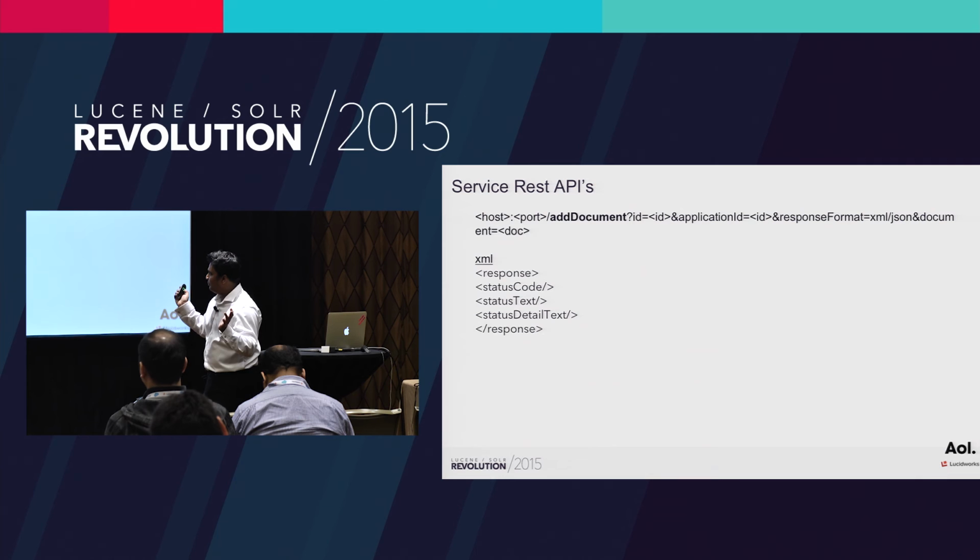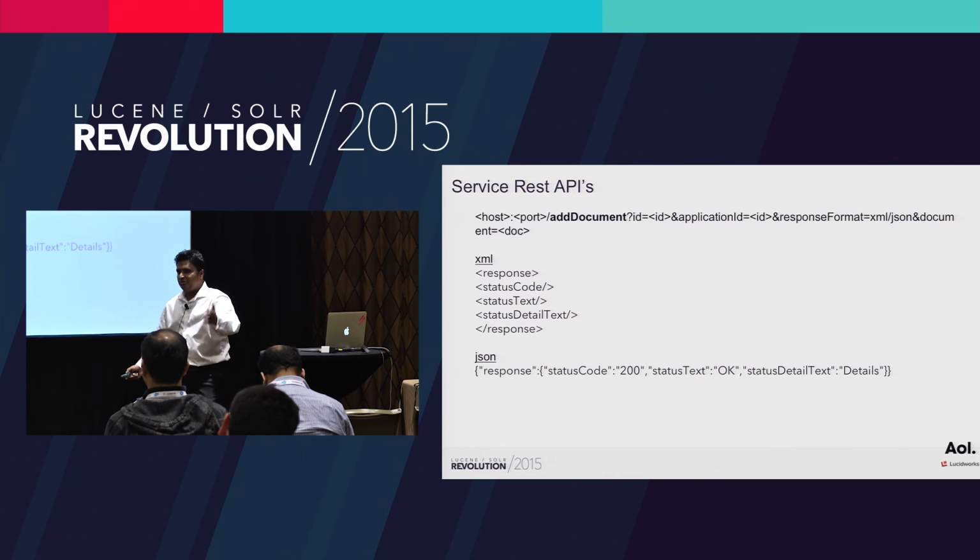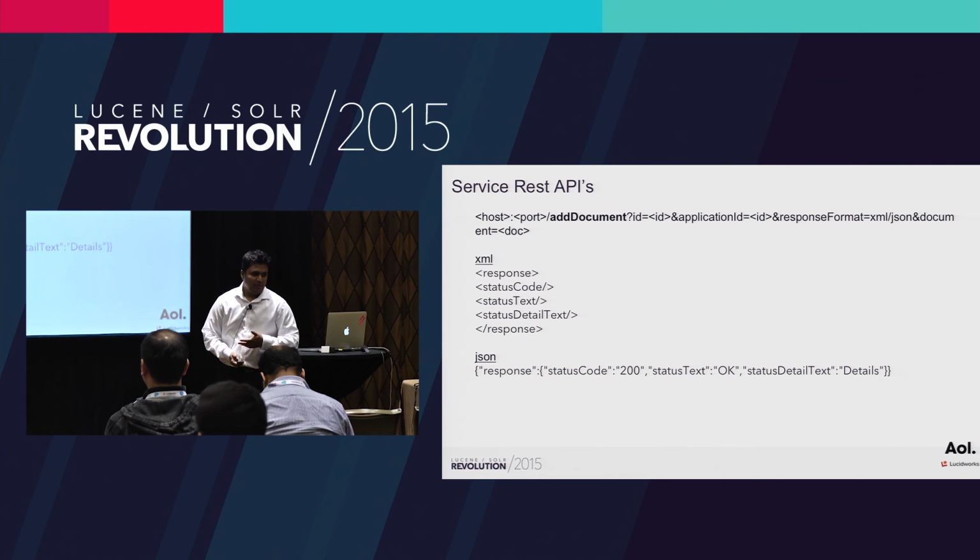You would get a response in the following format: a response code, status, and detail. And in the detail section, if you were doing an actual search, you would have your search results, documents, and everything.